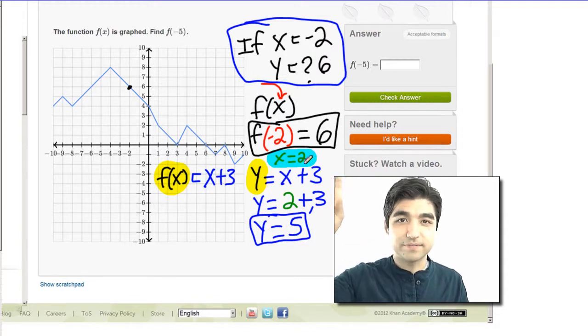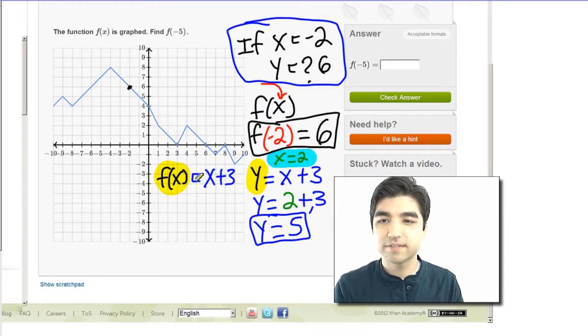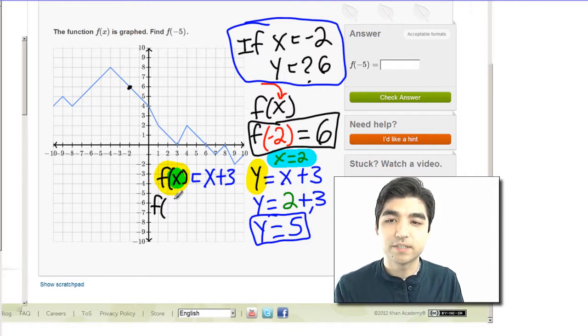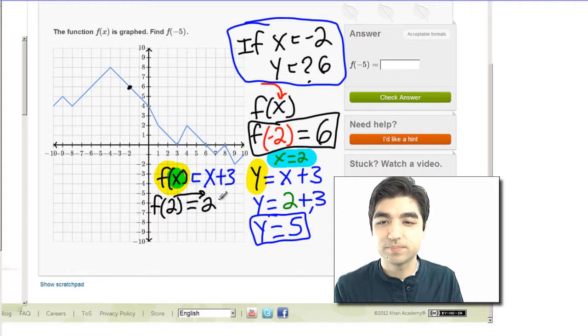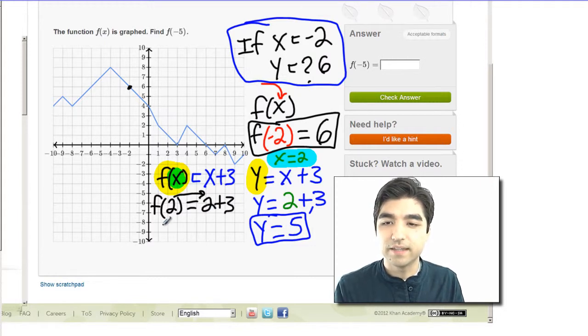Instead of writing that above it or to the right of it, we're just going to put that x value straight into the function notation. So we're going to have f of, instead of x, we're going to put that 2 there. And then that equals, instead of x, we put our 2 in here, 2 plus 3. And then we get f of 2 equals 5.